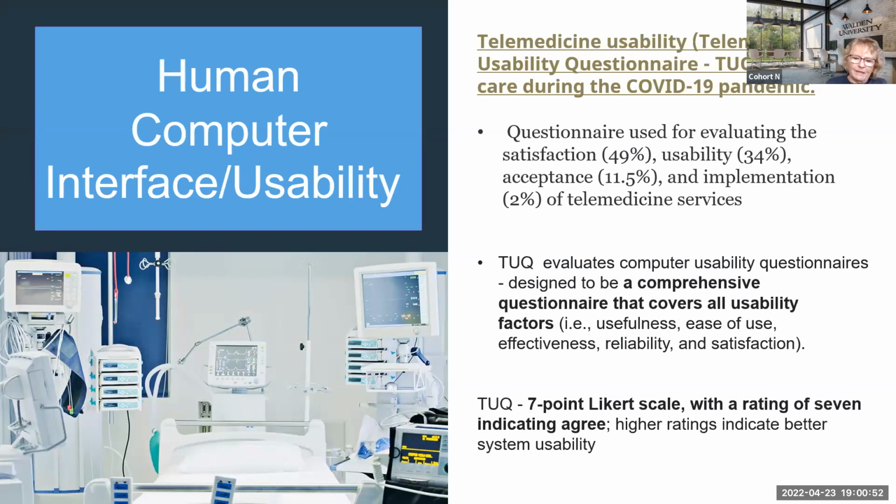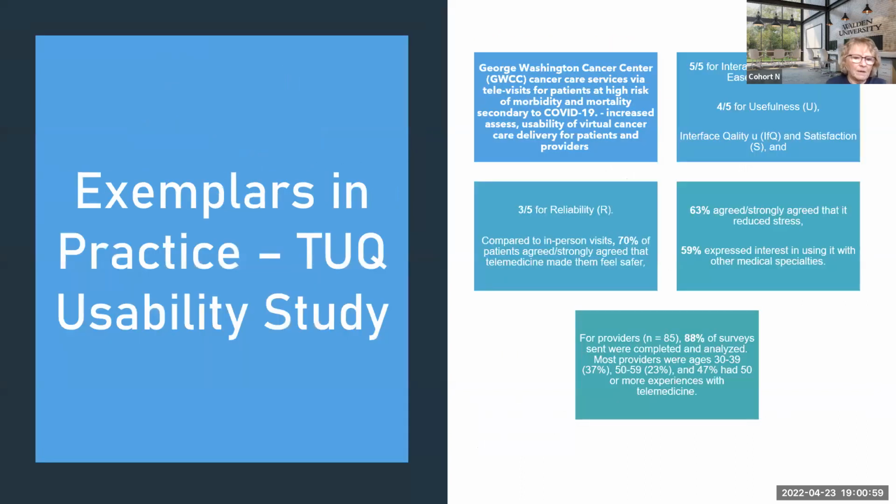So then looking at the next area, exemplars in practice. I wanted to give you some examples of how telenursing is being used.